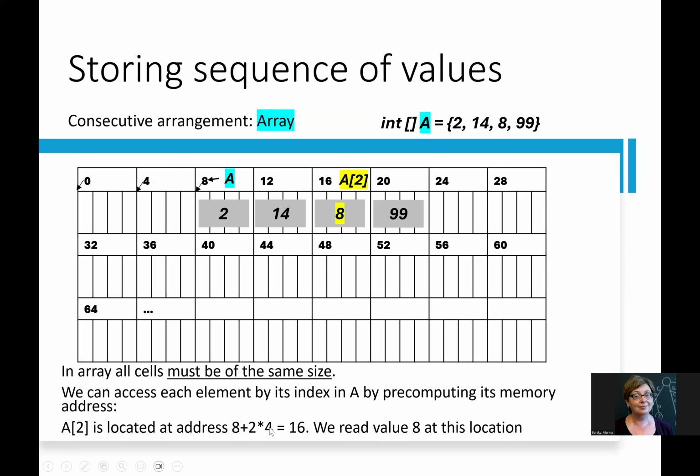This gives us memory location 16, where we go directly to this memory location and read the desired element a at index 2. So this is an example of a data structure, the simplest possible way of arranging a sequence of values in computer memory.